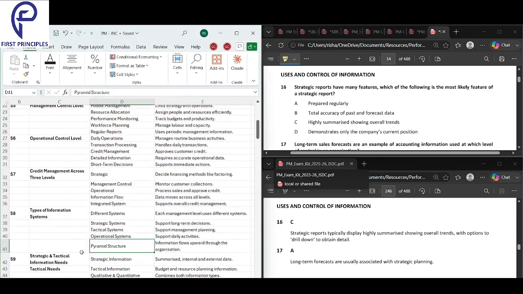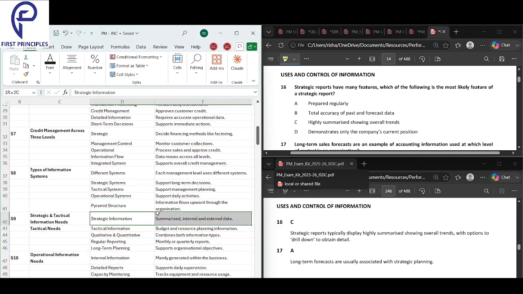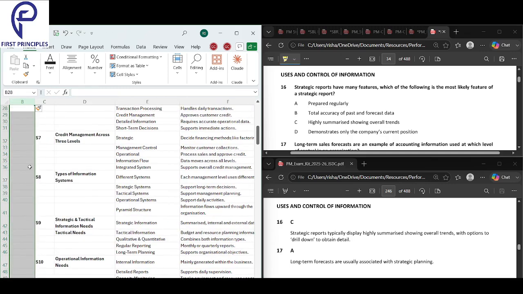So the summarized internal and external data. If you see strategic information, guys, here it is: summarized internal and external data. So our question 16 has come from here.